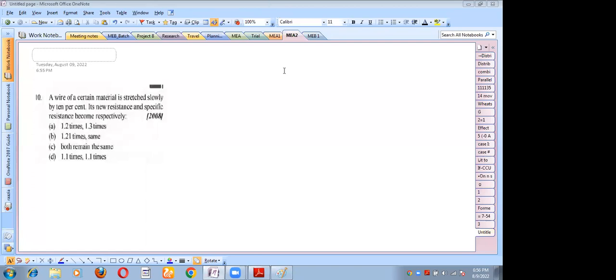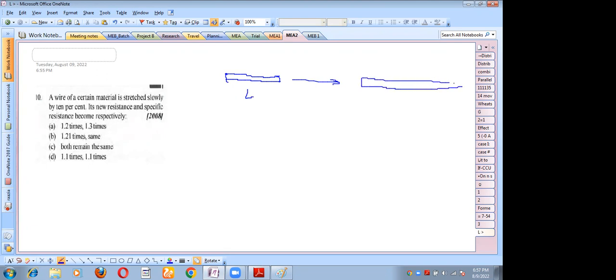Okay, so what it says: a wire of a certain material is slowly stretched by 10%. The new resistance will be, and the specific resistance. So suppose we have a wire and its length is L and it is stretched by 10%.